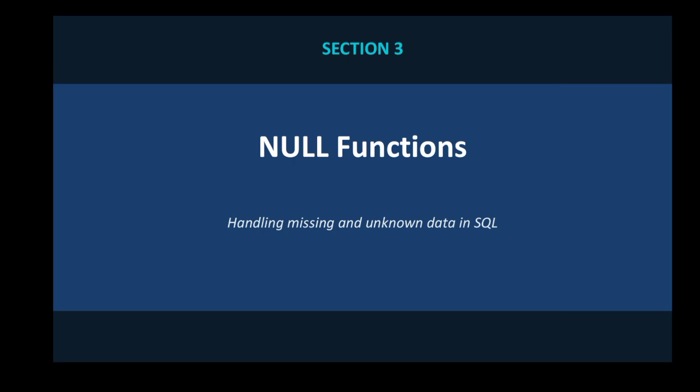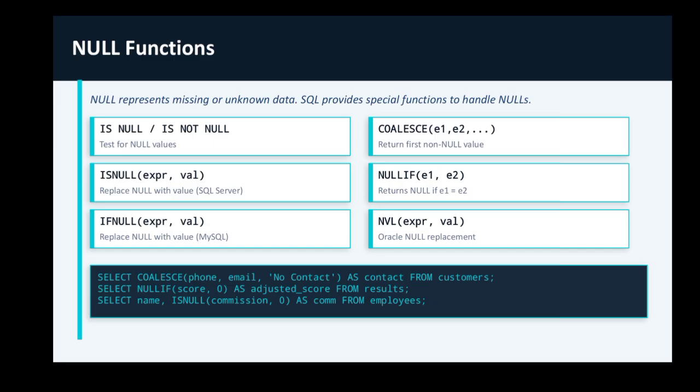Next, we address something that trips up even experienced developers, handling null values in SQL. In SQL, null represents missing or unknown data. It is not 0, not an empty string, and cannot be compared using equal or not equal. Instead, we use is null and is not null to test for it.